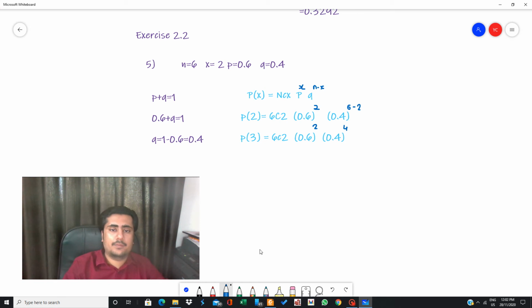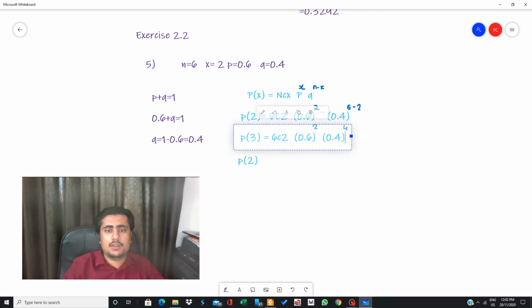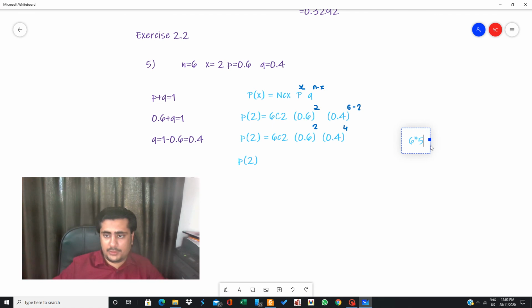Let's solve the 6C2 in the next step. Now P of 2 is equal to 6C2. 6C2 is 6 into 5 upon 2, so if you solve it, it's like 30 by 2. So the answer is 15.